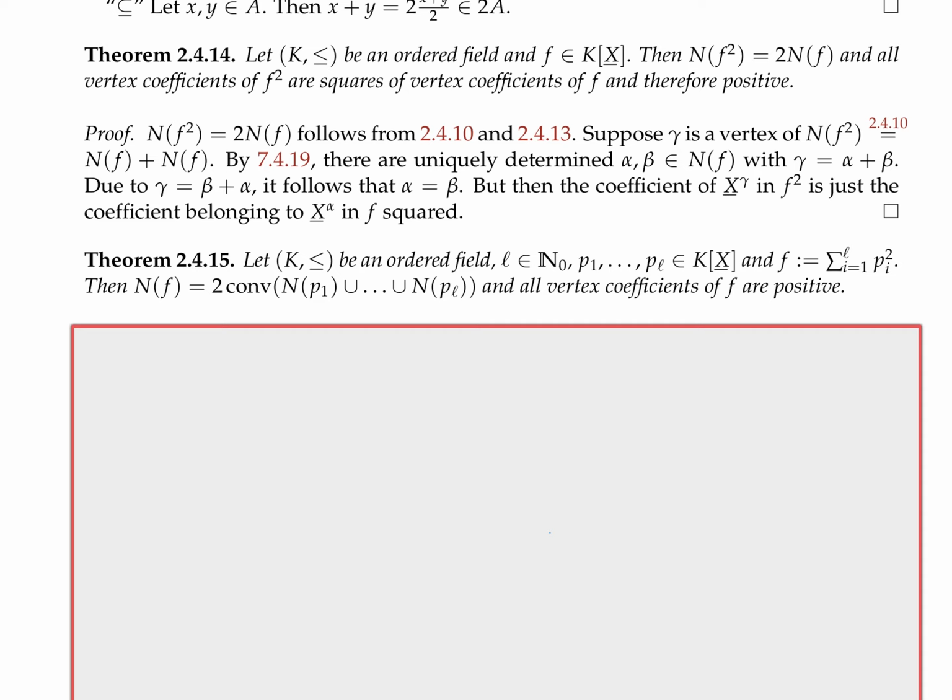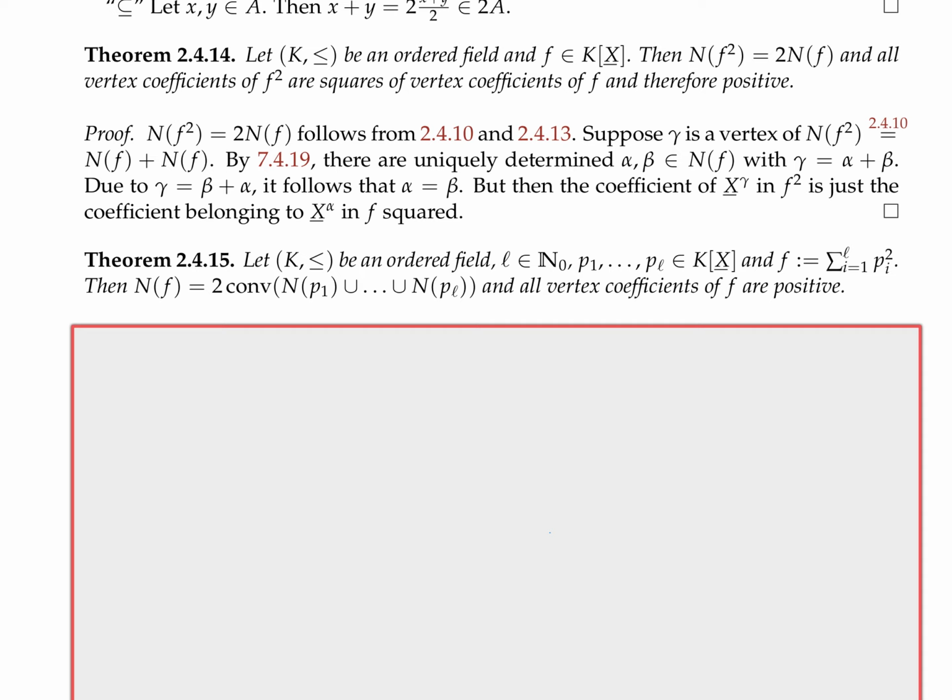Easy to show, and actually we have shown it. Even more general things we have shown. And here this is an analog which is a bit finer and gives more information even in a multivariate case. And all vertex coefficients of F are positive.